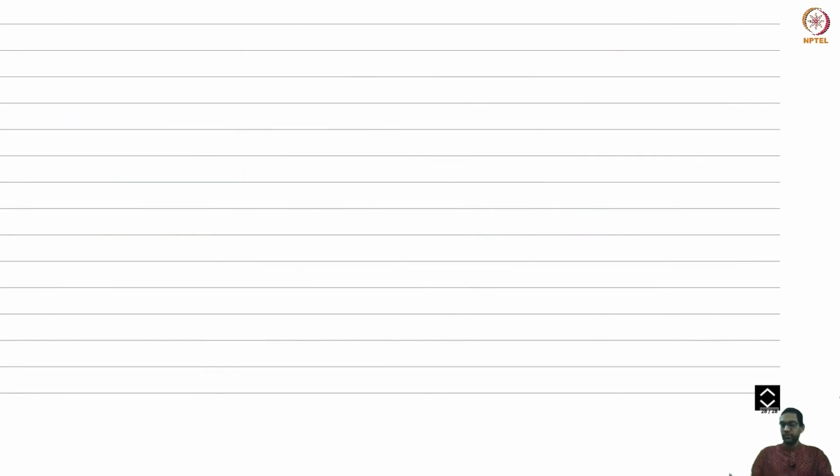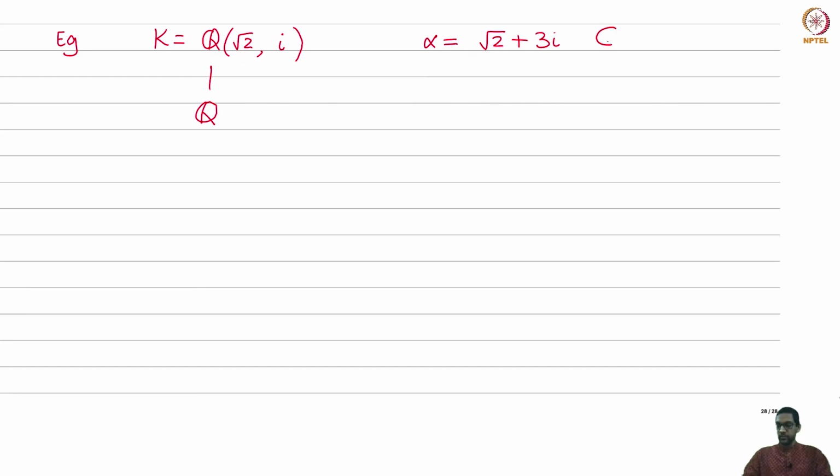So for example, recall the example of a normal extension we gave: take the field Q and adjoin both root 2 and i to it, and think of it as a normal extension of Q. We exhibited two special polynomials for which this is the splitting field, but the third equivalent property of this proposition says you can take any alpha you want in this field K. For example, I can take alpha to be root 2 plus 3i. This is an element of K, or more general combinations, say 1 plus root 2 plus 3i is another element.